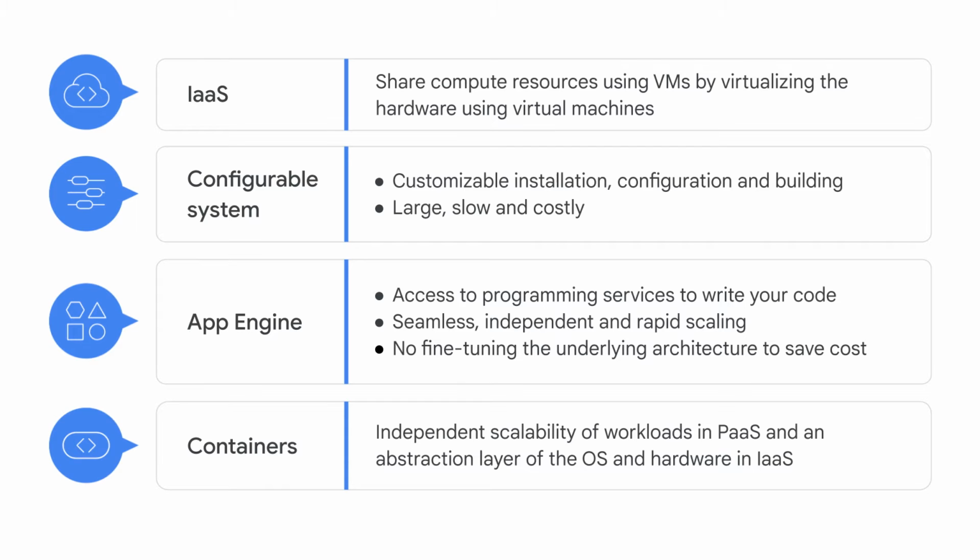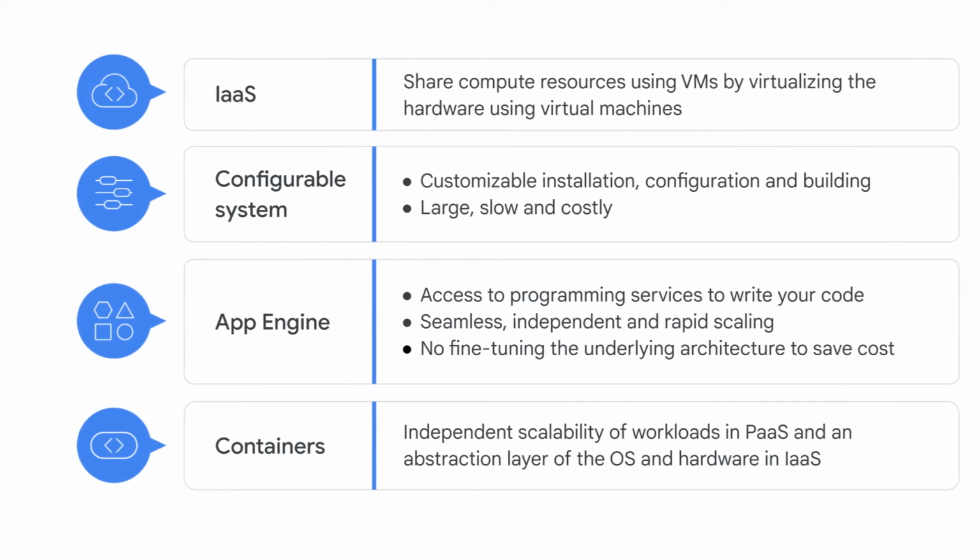Now with App Engine, you have access to programming services, so you only need to write your code in self-contained workloads that use these services and include any dependent libraries. This means that as demand for your app increases, the platform scales your app seamlessly and independently by workload and infrastructure. This scales rapidly, but there's no option to fine-tune the underlying architecture to save cost.